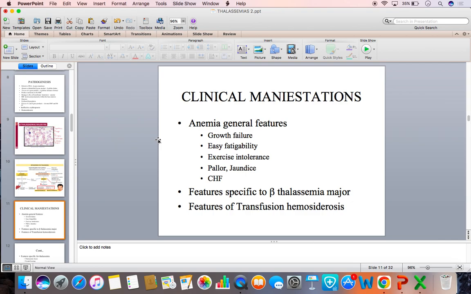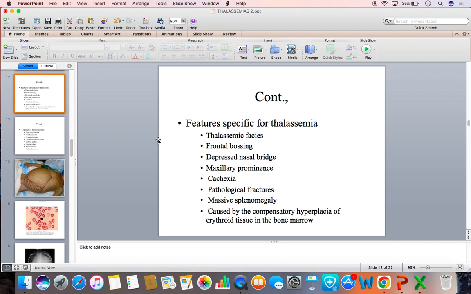Coming to features specific to beta thalassemia major. Because of the persistent hypoxemia secondary to the anemia, there is expansion of the marrow space secondary to the elevated erythropoietin levels.